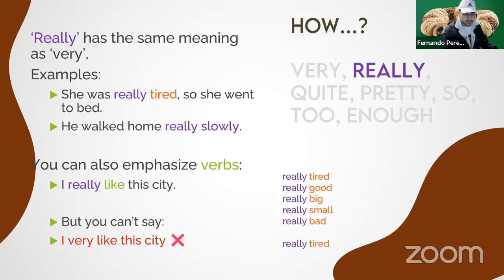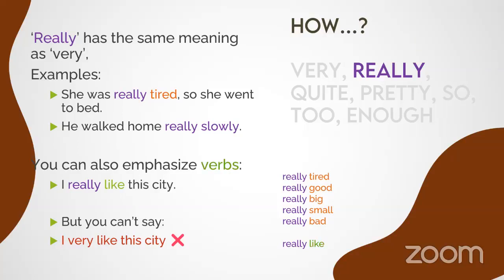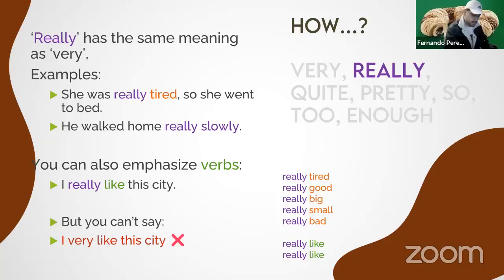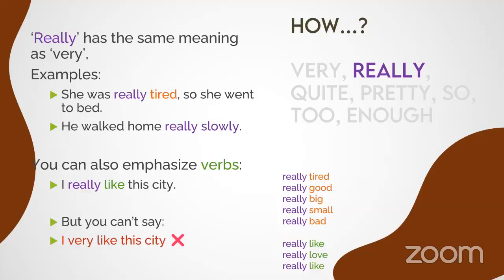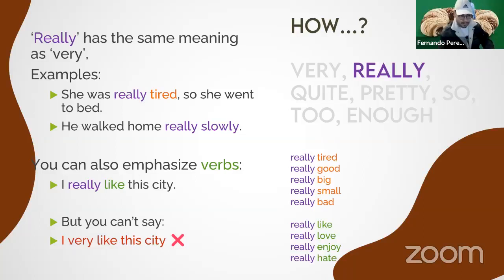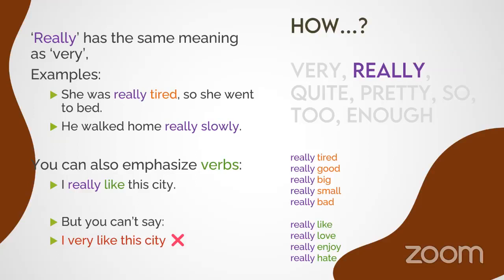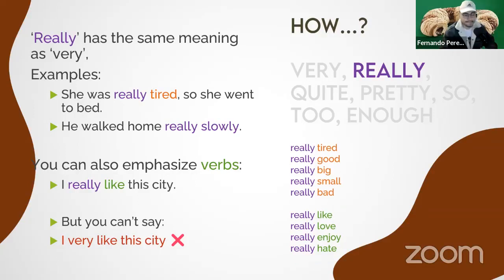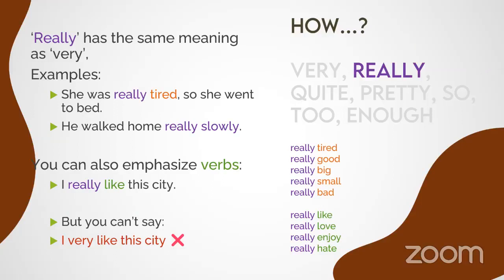But also you can say I really like, I really love, and this is color green. I really love, really enjoy, really hate, etcetera. And this is for verbs.